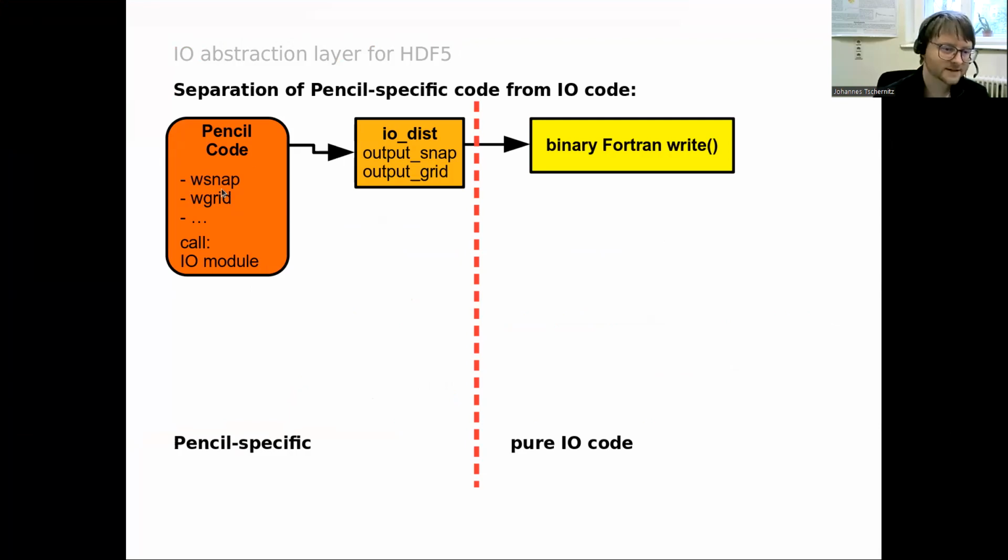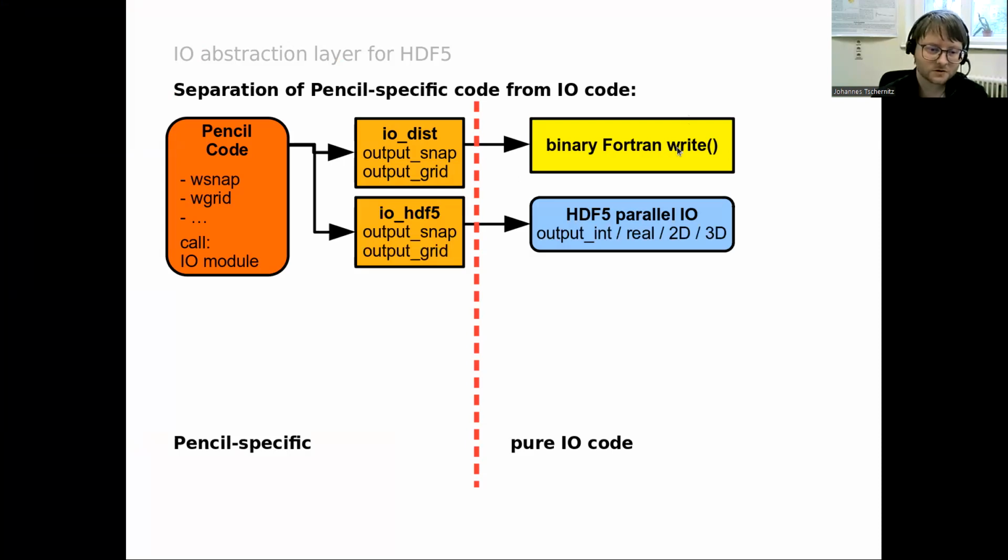We have the pencil code routines wsnap, wgrid, and so on, which call the respective IO modules, where we have output snap, output grid, and so on, which then call the IO functions from Fortran for the distributed output.